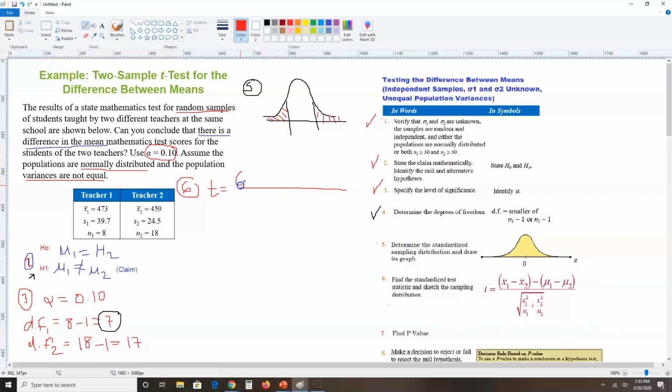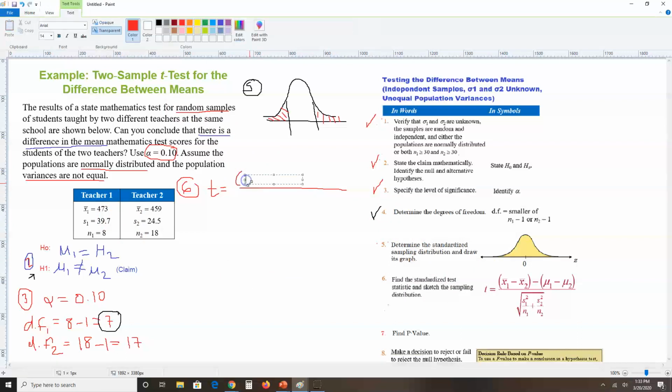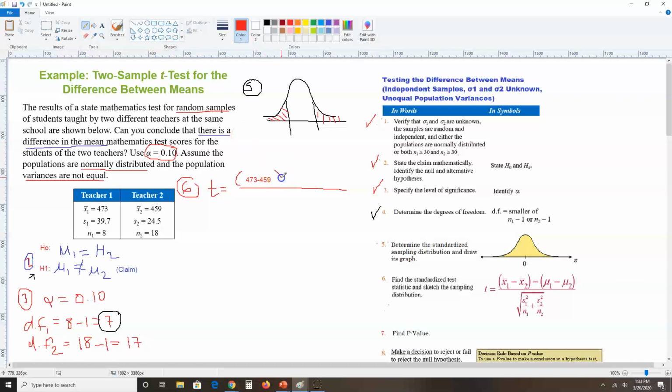Okay, in my first parenthesis, I'm going to plug in x bar 1, 473. And what you're going to do, subtract that from x bar 2. And who's my x bar 2? 459. Okay, and I'm going to close the parentheses. Take away mu 1 minus mu 2.